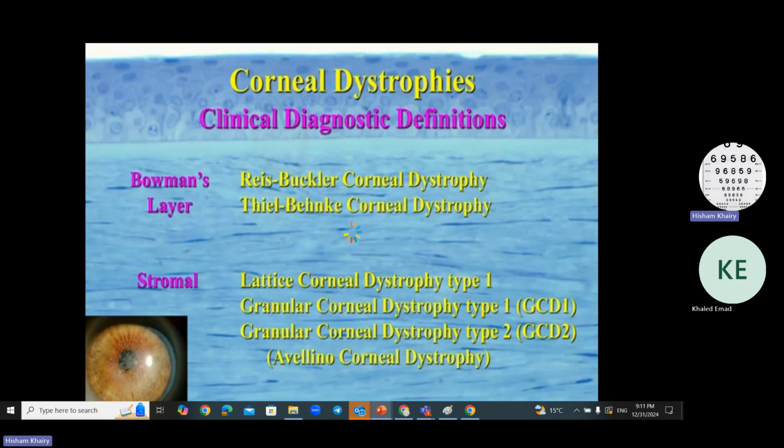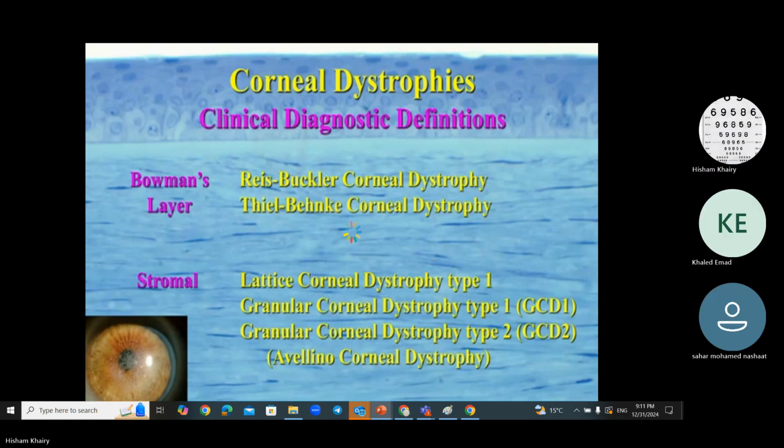Historically, the corneal dystrophies were classified according to the layer they most involve.